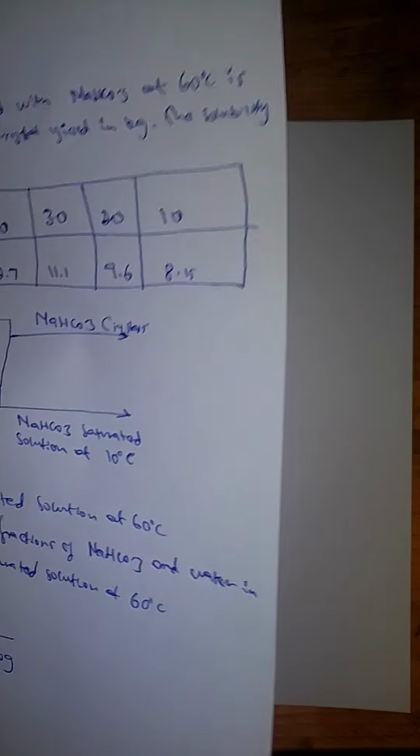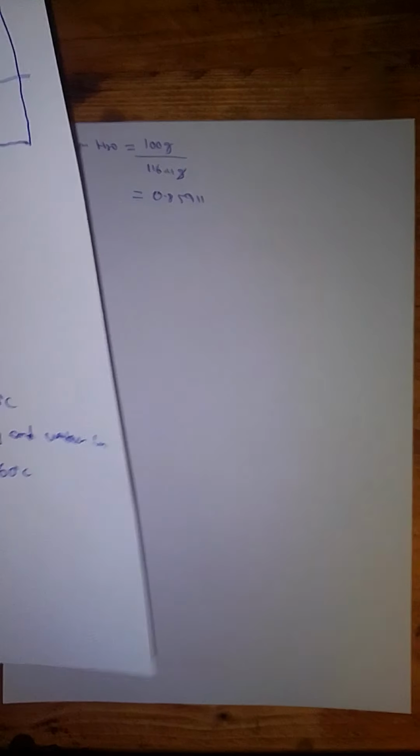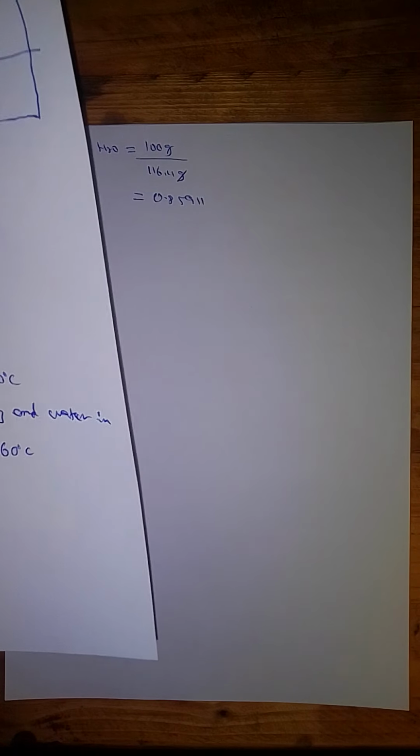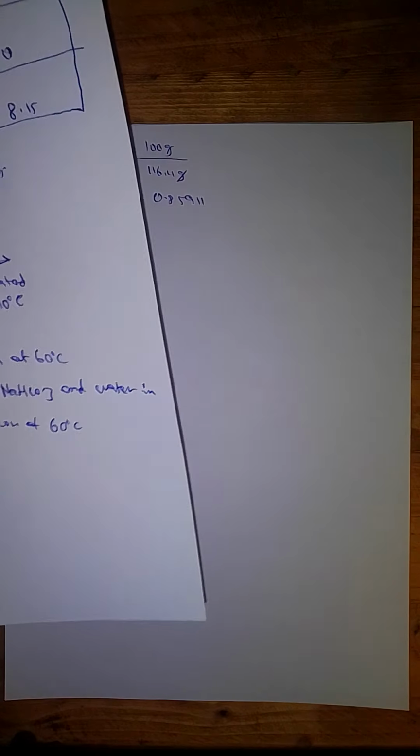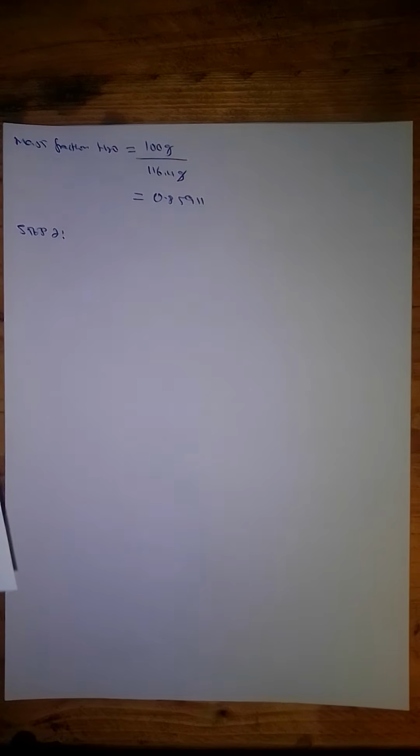Remember now that we calculated the mass fractions, we can easily calculate the amount of each NaHCO3 and H2O in the solution, because we have the mass fraction and also the total solution.